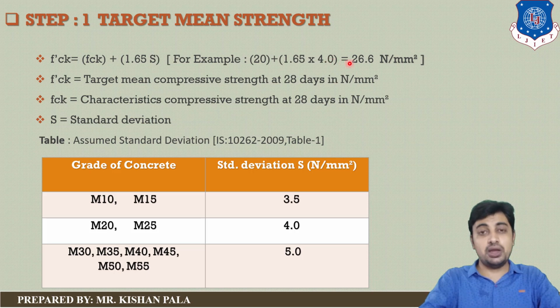It means you have to design for 26.6 Newton per mm square for achieving 20 Newton per mm square at your existing site. When you achieve a compressive strength of the concrete mass of minimum 26.6 Newton per mm square in your laboratory, you will achieve 20 Newton per mm square at your existing site. So first of all, you have to finalize the target mean strength.